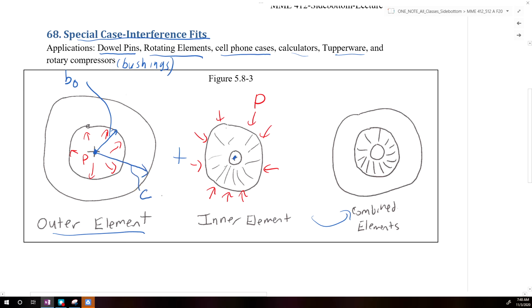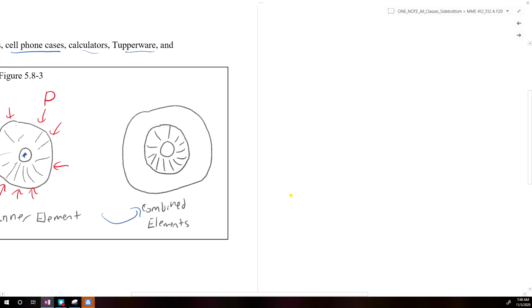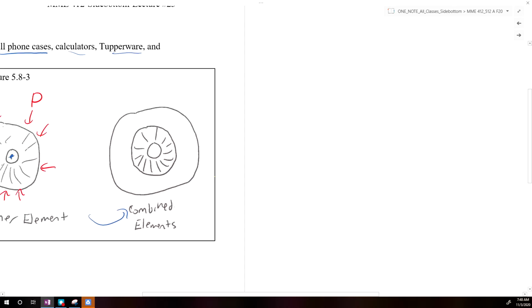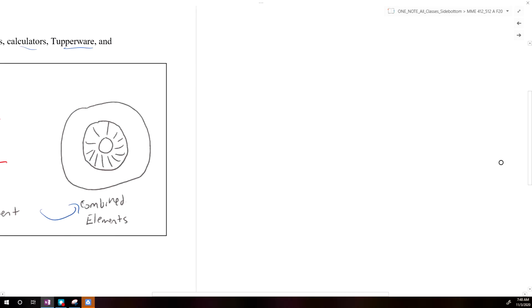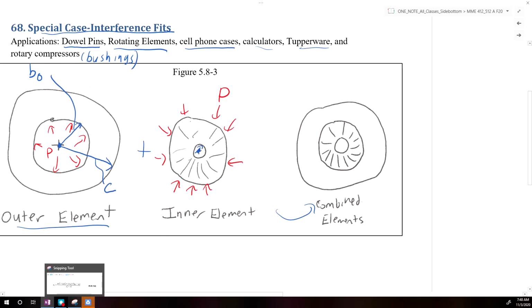The inner radius of the inner element we're going to denote with a lowercase a. And the outer radius of the inner element we're going to denote with a lowercase bi.